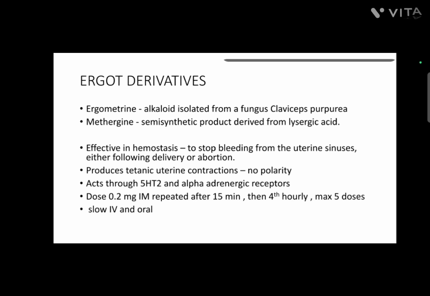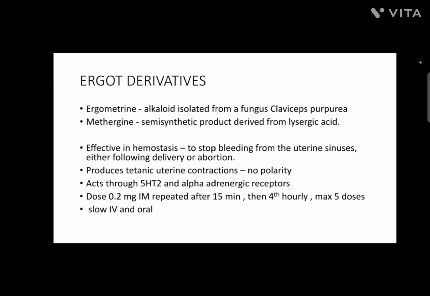But you have to make sure that the patient does not have any cardiac issues or any hypertensive disorders. It's very important before you give methergin that you check the patient for hypertensive disorders and also cardiac disorders.